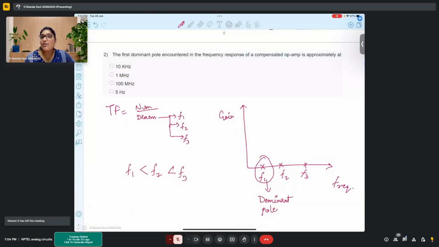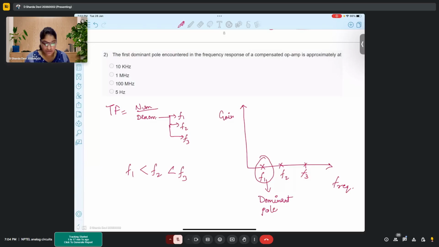That's why they are called dominant poles. From the term itself, you can understand that dominant means something important, something that has significance. And the smallest value of the pole that you get in your system is your dominant pole. Is this clear to everyone?